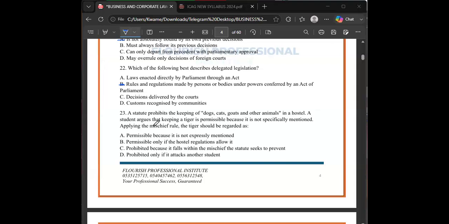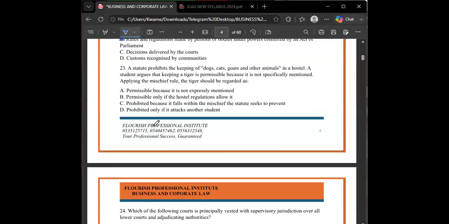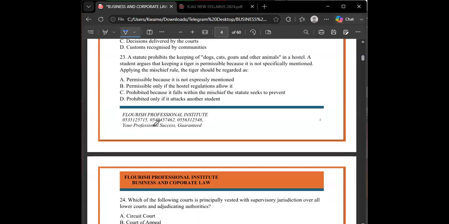Question 23. A statute prohibits the keeping of dogs, cats, goats, and other animals in a hostel. The student argues that keeping a tiger is permissible because it is not specifically mentioned.